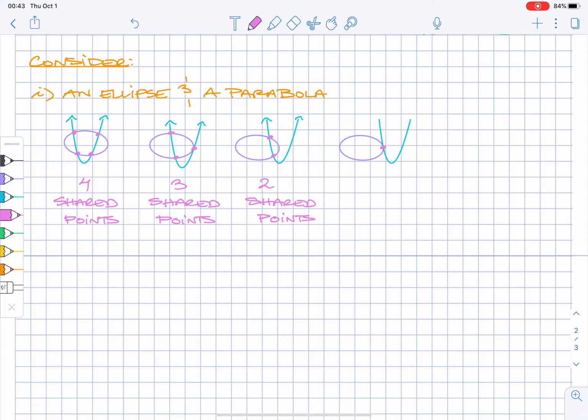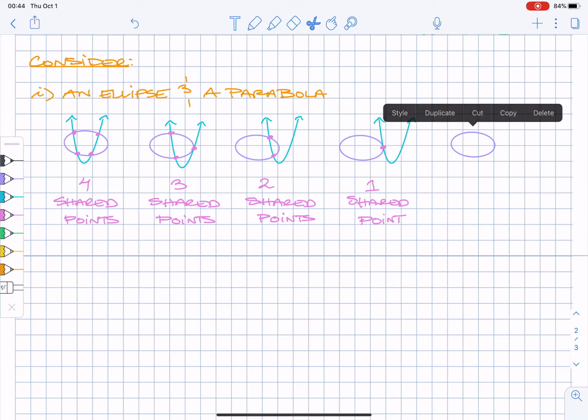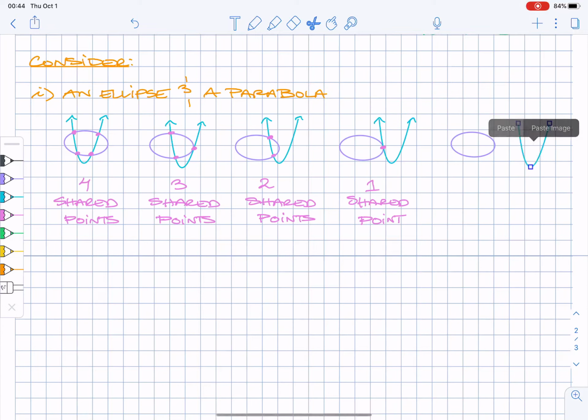Now notice that we have just 1 shared point. And of course, last but not least, will be the case where they don't intersect at all.